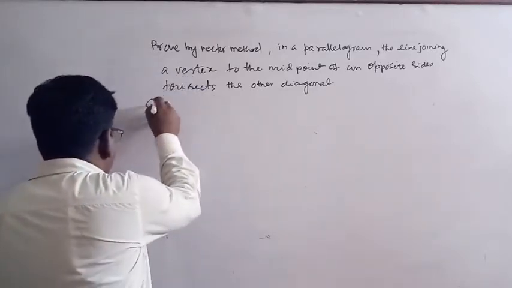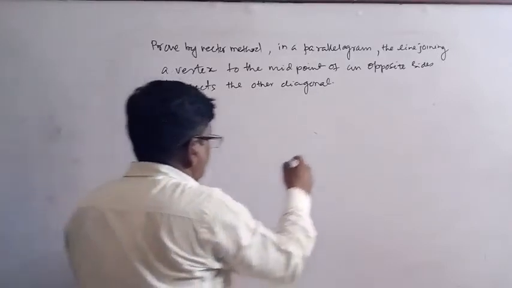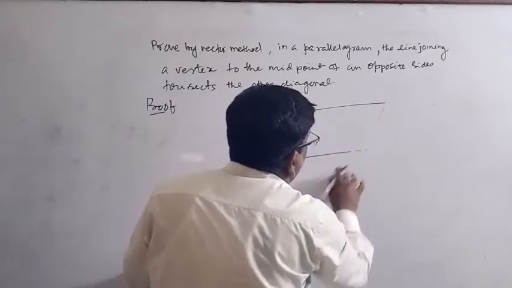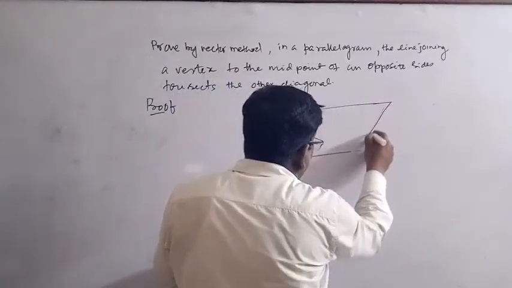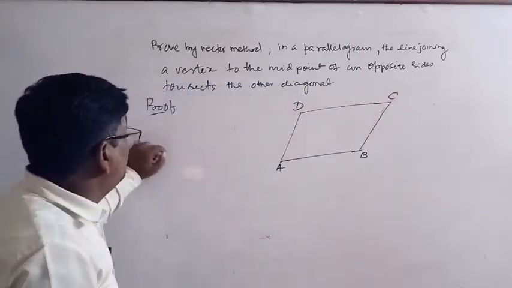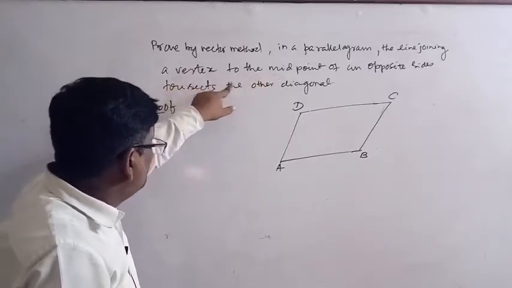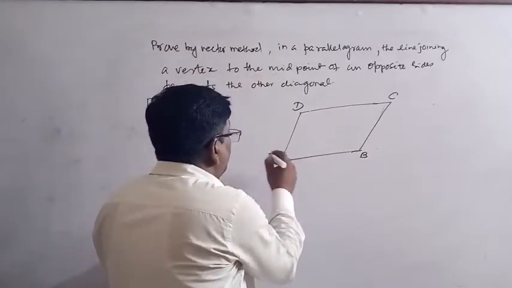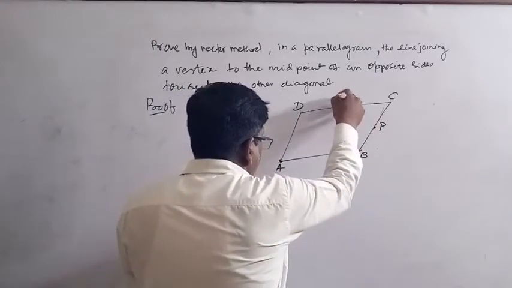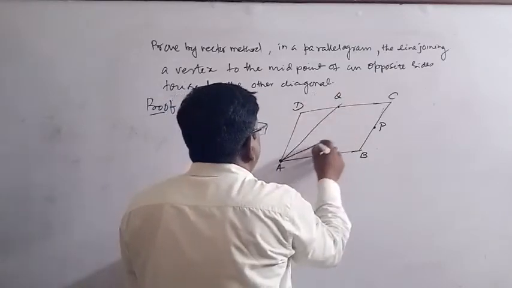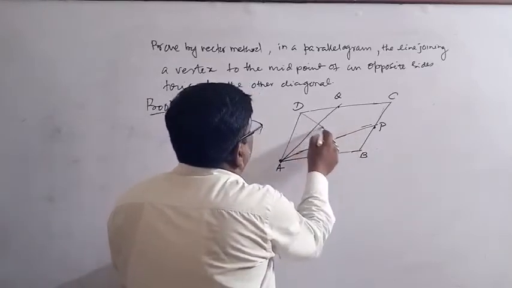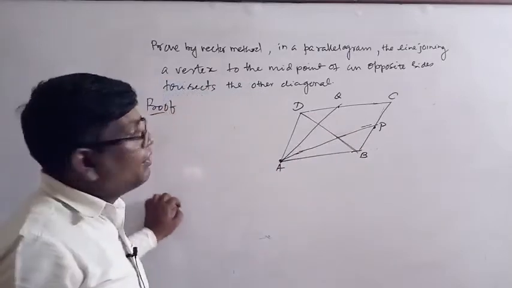As per the question, suppose ABCD is a parallelogram, with A, B, C and D. The line joining a vertex to the midpoint of an opposite side: suppose this point is P and this is Q. Trisect means 1:2 or 2:1.